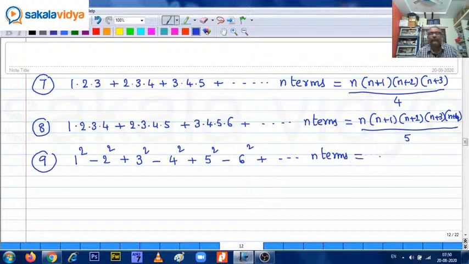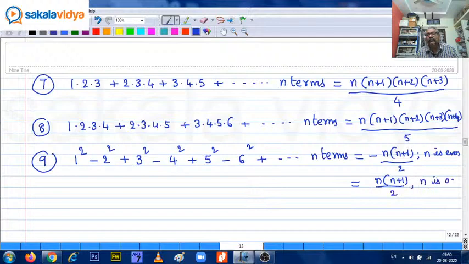This equals minus n times n plus 1 by 2 if n is even. If n is even, you need to use this formula. The same n times n plus 1 by 2 if n is odd.